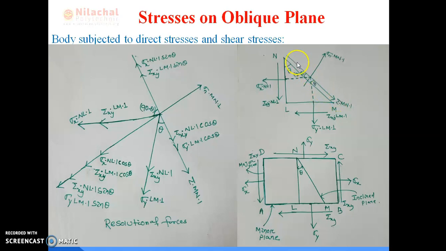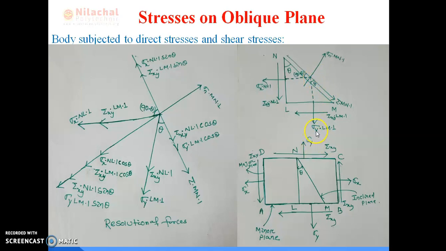We know that tangential stress is tau and normal stress is sigma n. These act upon the side NM having thickness 1. So the tangential force is tau times MN into 1, and the normal force is sigma n times MN into 1. Both intersect each other at an angle of 90 degrees.